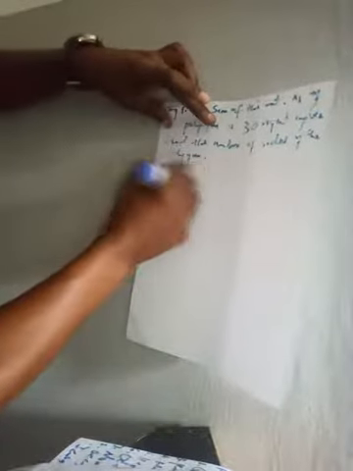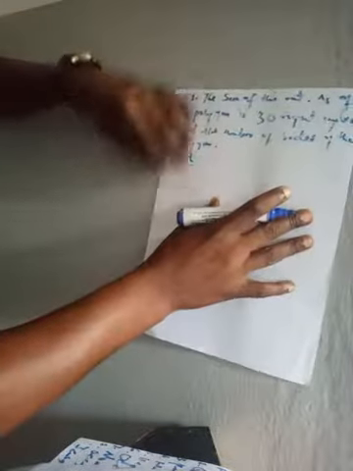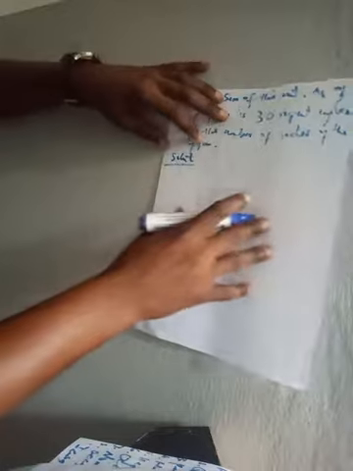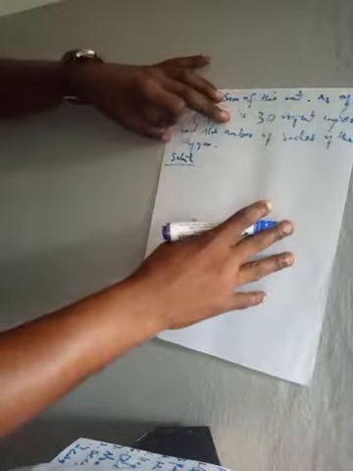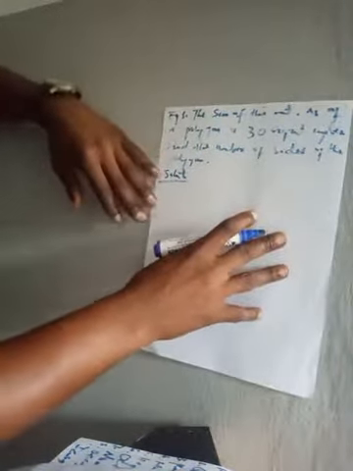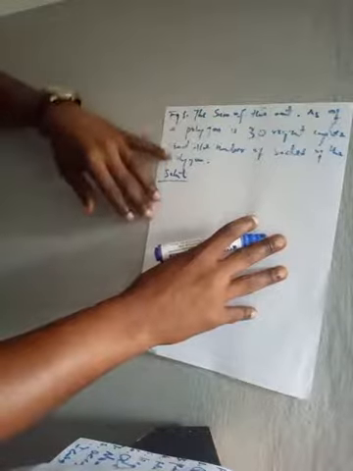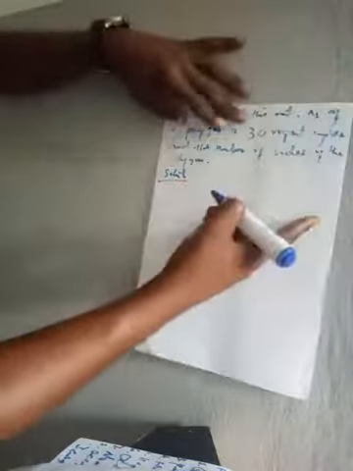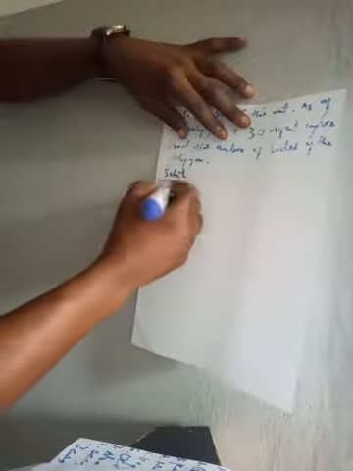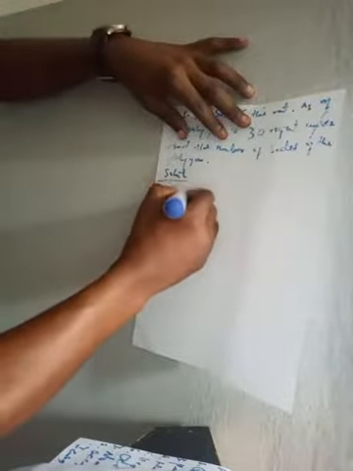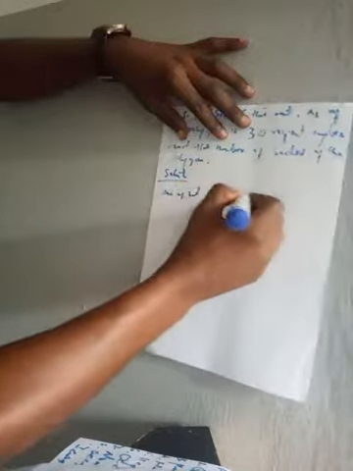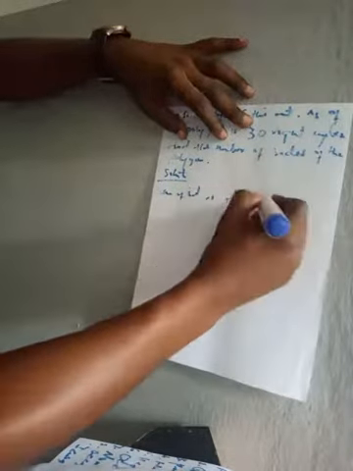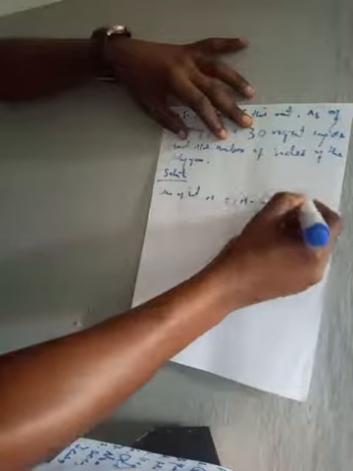Now, of course, you know that when we talk about 30 right angles here, a right angle is 90 degrees, right? And so 30 right angles will be 30 times 90. Is that not true? And let's recall the formula again. The formula says that the sum of interior angles is equal to n minus 2 times 180 degrees.